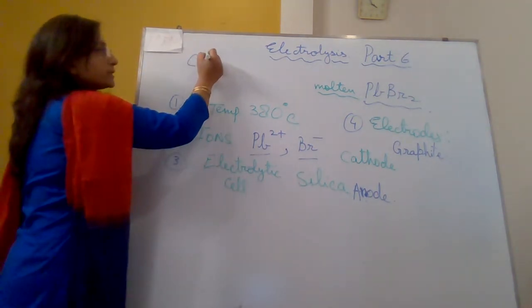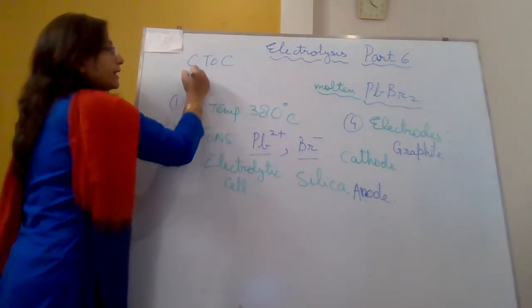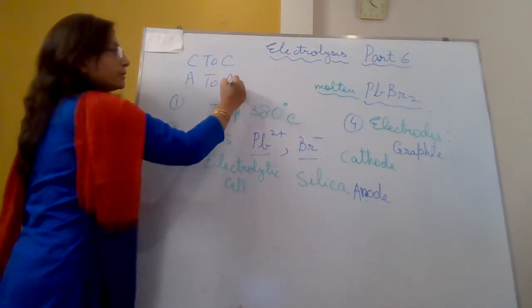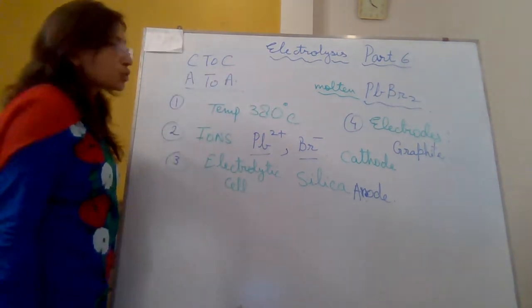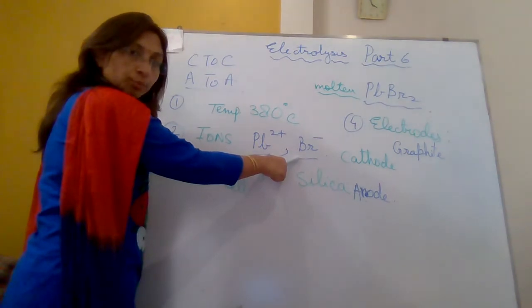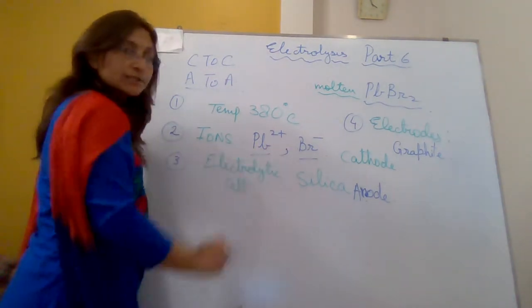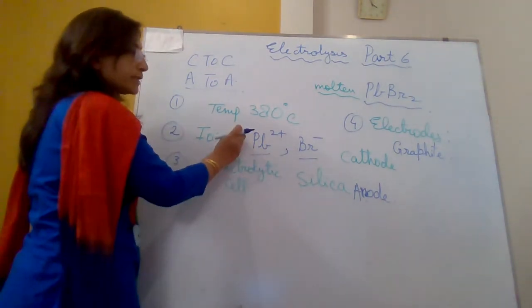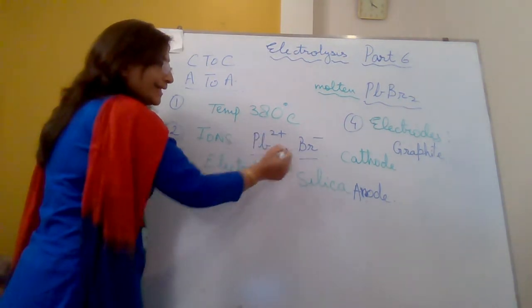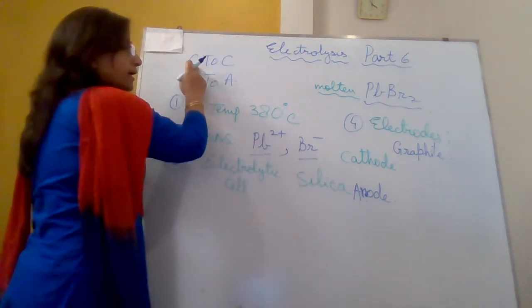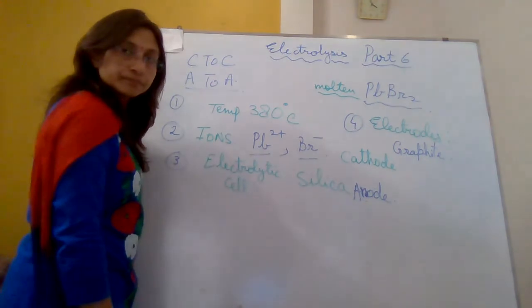We remembered this as C2C and A2A. Okay? So the bromide is the anion and lead is your cation. So obviously the lead ions, being cations, will move towards the cathode, right?